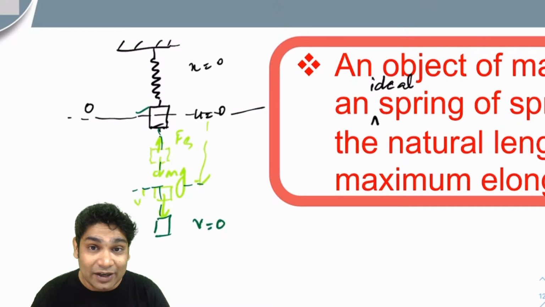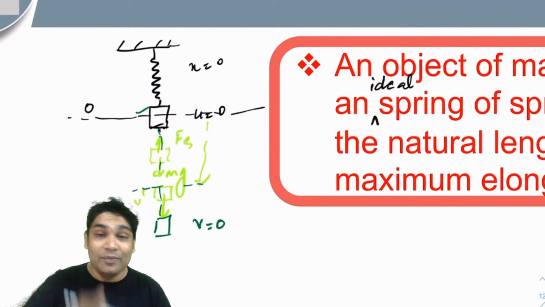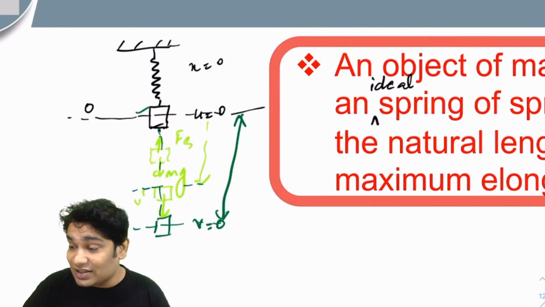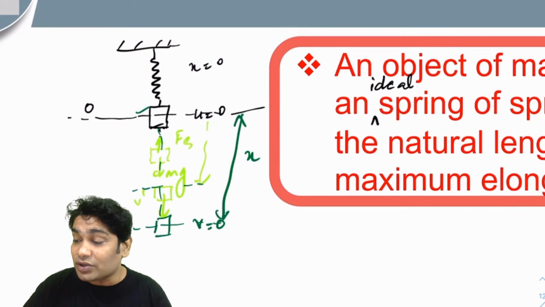So the net force acting on this would be upward. As a result, it will start to go up again. So this will be the maximum extension that the spring faces. Let us assume that the maximum elongation that the spring eventually gets is x. This will be my situation 2. So this is my situation 1, this is my situation 2.